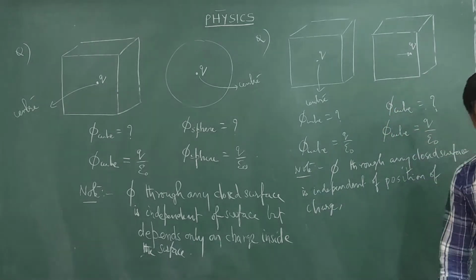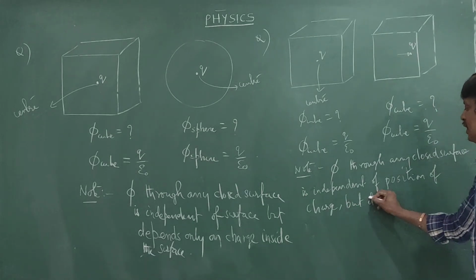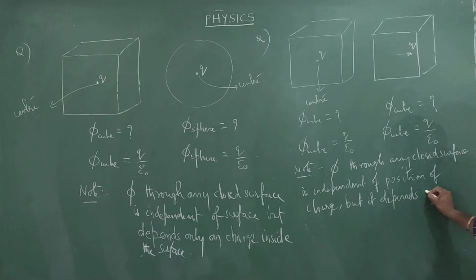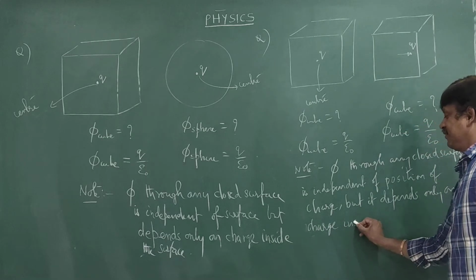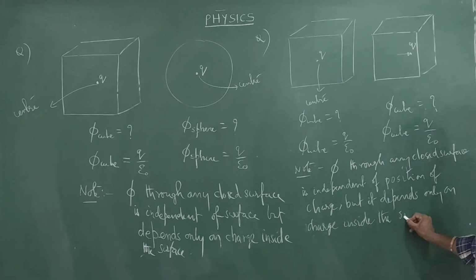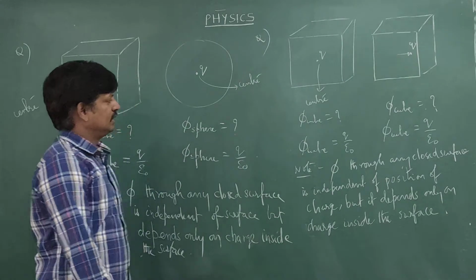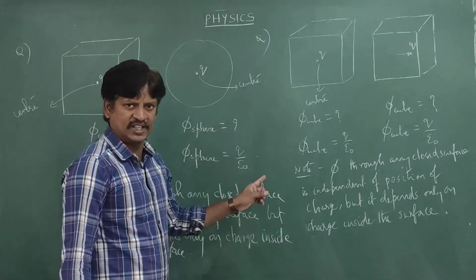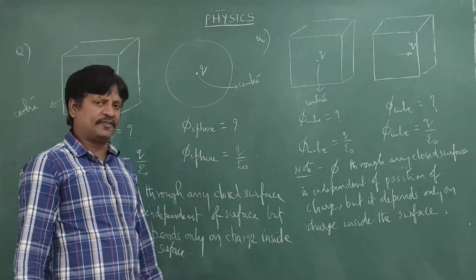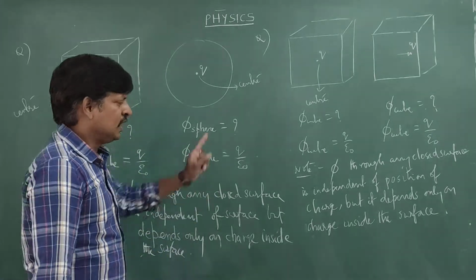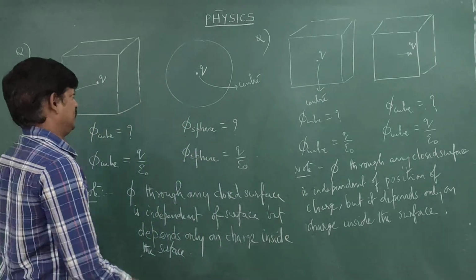But on what factor does it depend? It depends only on the charge inside the surface. Is that clear? So we can say that the flux through any closed surface is independent of shape of the surface, is independent of position of the charge, but depends only on charge inside the surface.